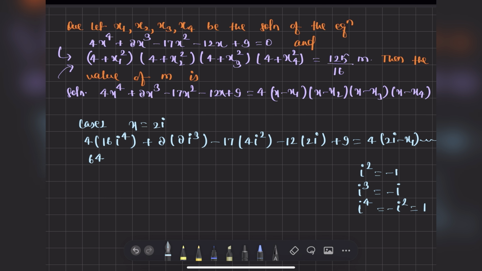Now iota cube is minus iota, so 64 iota. And then you have iota square, which is minus 1, so minus and minus become plus, 68. Now minus 24 iota plus 9, and then the remaining thing will look the same: 2 iota minus x1, and the remaining things are the same.